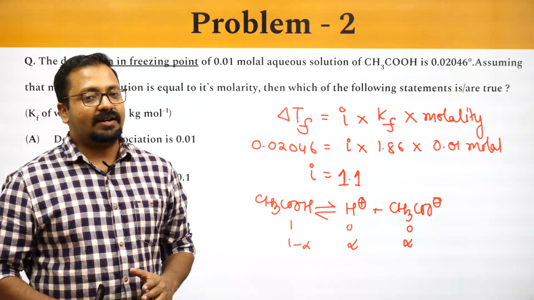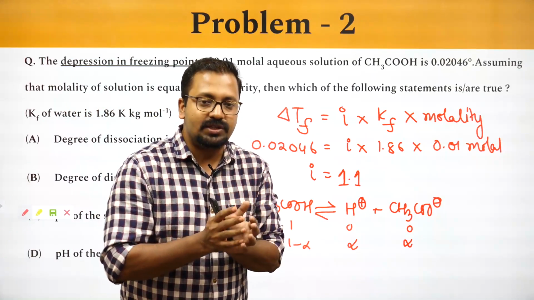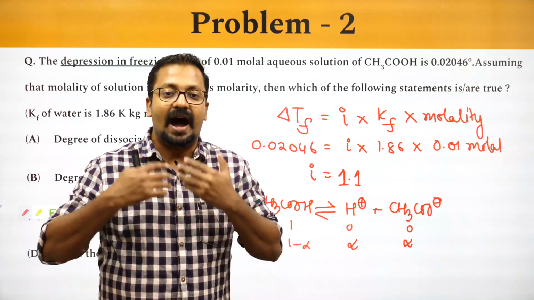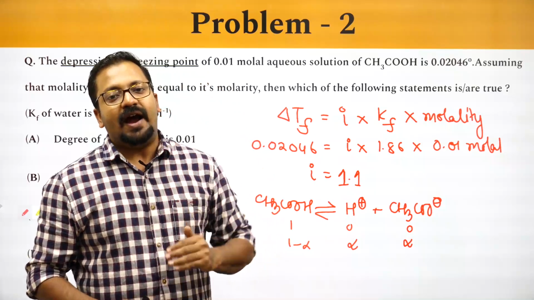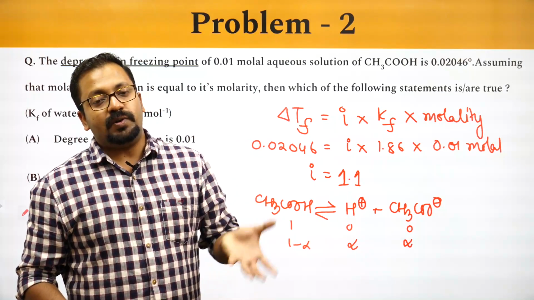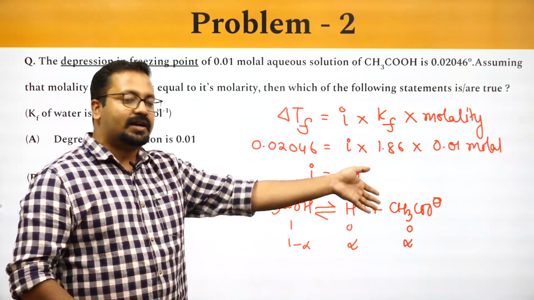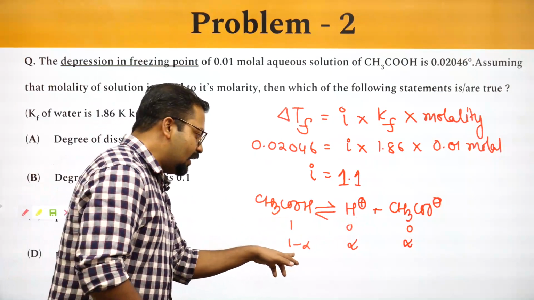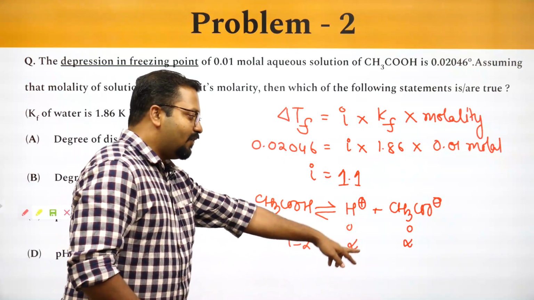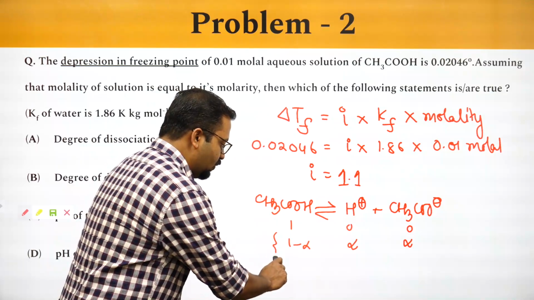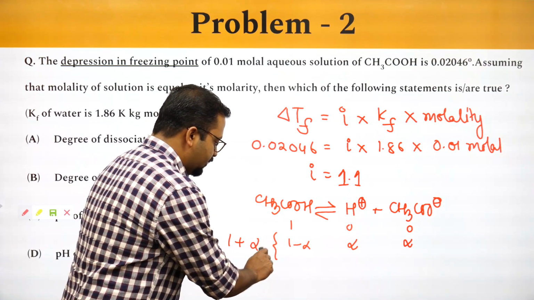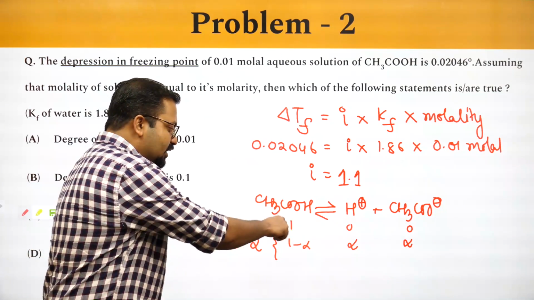What is Van't-Hoff factor? Van't-Hoff factor is the amount of substance which is present after a certain time divided by the amount of substance which was taken initially. तो total amount of substance which is present after a certain time, मतलब equilibrium पे कितना present है? 1 minus alpha plus alpha plus alpha. So this is equal to 1 plus alpha. Initially it was 1.